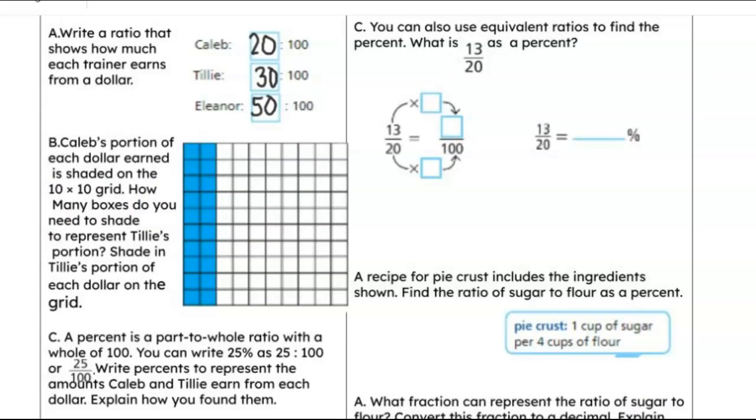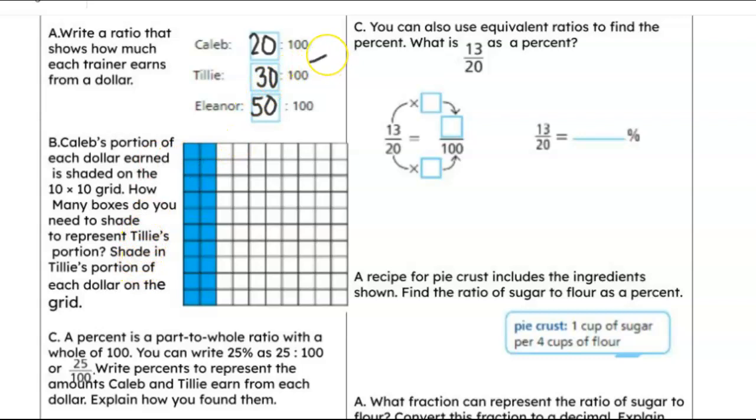Caleb's portion of each dollar earned is shaded on the 10 by 10 grid. So when we have a 10 by 10 grid, that means there's 100 squares on here. So Caleb's shaded in this blue on your paper. I just printed them in black and white, so it's not blue, it's just a darker color. So Caleb is 20, so that's 2 lines. How many boxes do you need to shade to represent Tilly's portion?